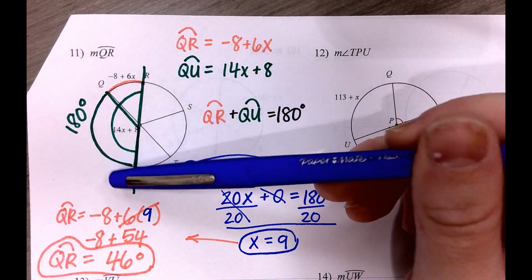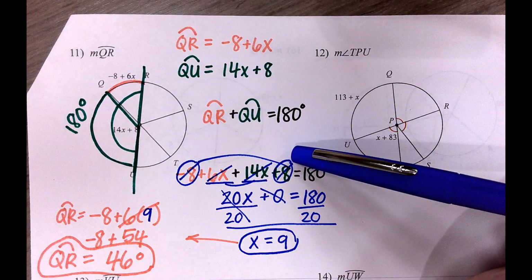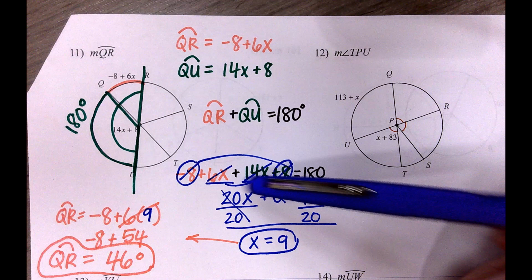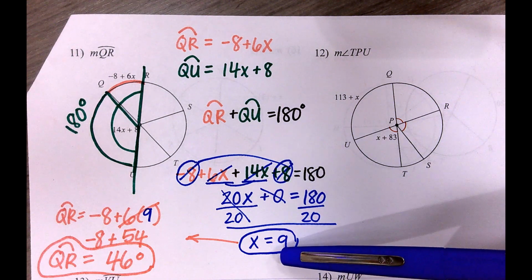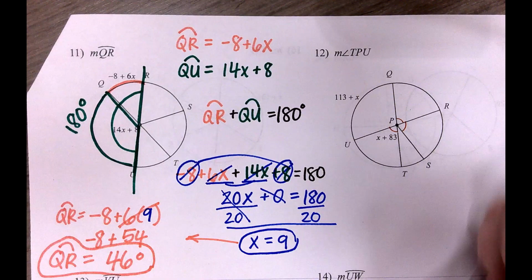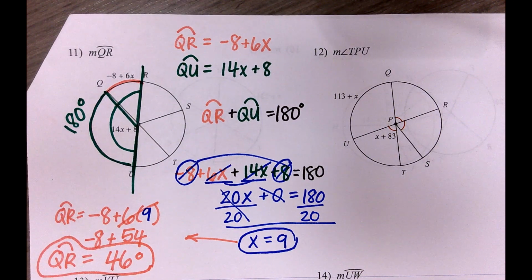So I knew that I could add them together and set them equal to 180. Then we just plugged in those values, solved for x, and then we used x to find our value for QR. Any questions or confusion about that problem?